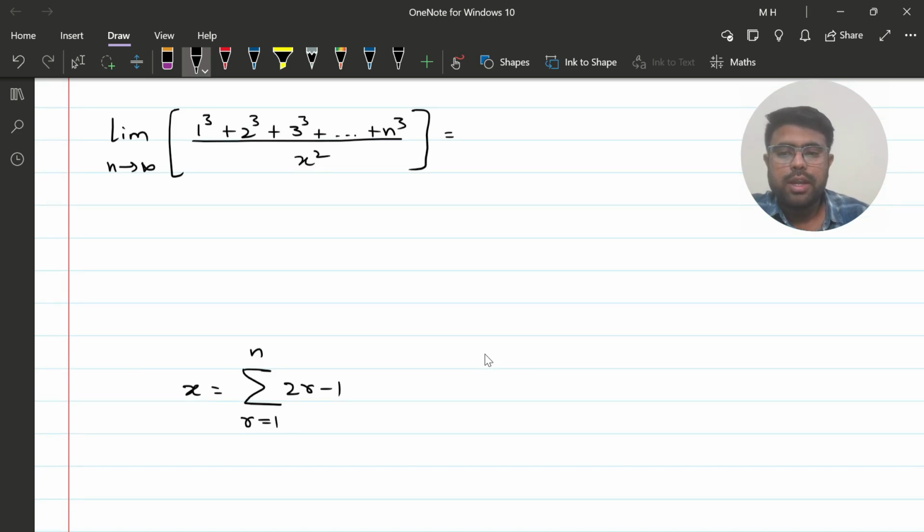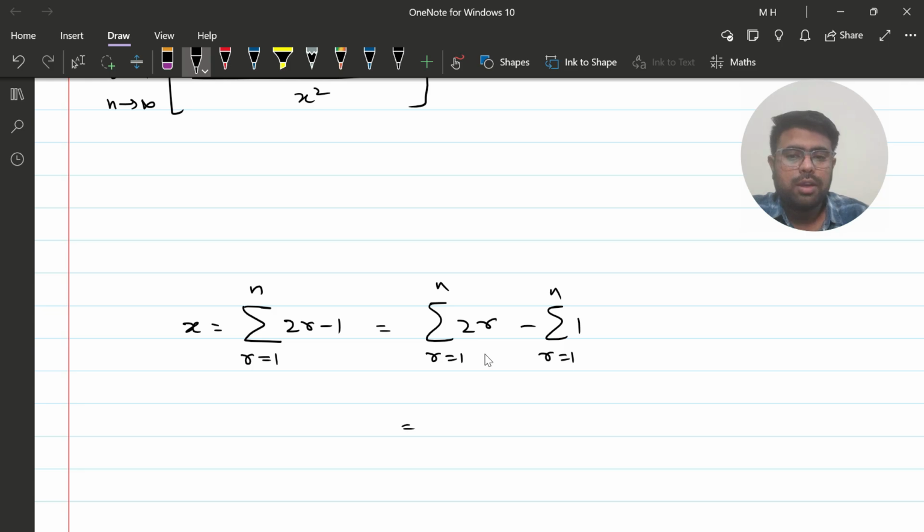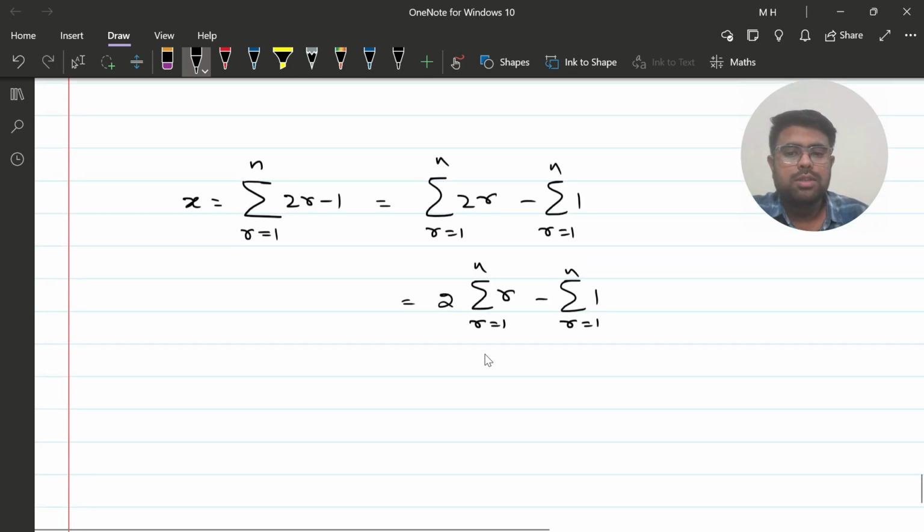Now look, can I write this down as the summation of 2r where r is from 1 to n minus the summation of 1 where r is from 1 to n? Yes. So this is going to be 2 times the summation of r where r is from 1 to n, minus the summation of 1 from r equal to 1 to n, right? So what is the summation of r?